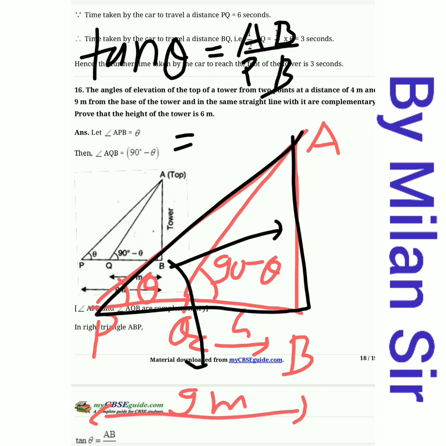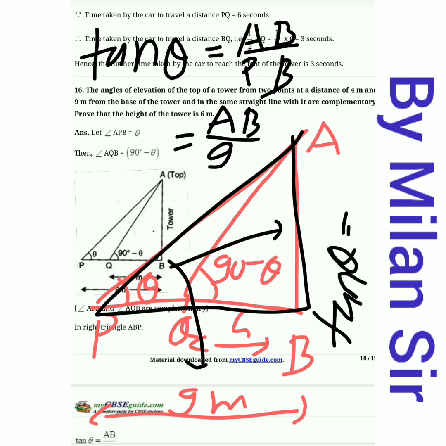AB is the height of the tower, we need to find it, and we don't know the value of tan theta. Adjacent side PB is 9 meter, it is given. So tan theta is equal to AB by 9. I write it here because I do not have more space.